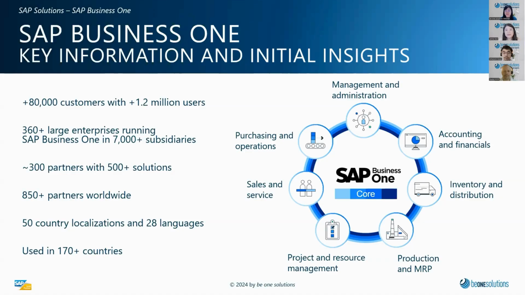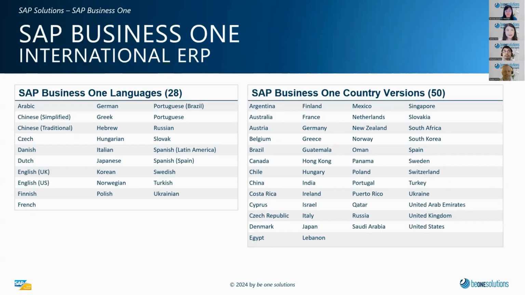For example, SAP Business One supports Malaysia e-invoice, Philippines CAS, Korea's VAT, e-tax, FCN, and so on. Our local consultants are very fluent in the respective local languages, ensuring smooth implementation and support for our customers too. I'm sorry, these are the languages and also the country versions SAP Business One supports.